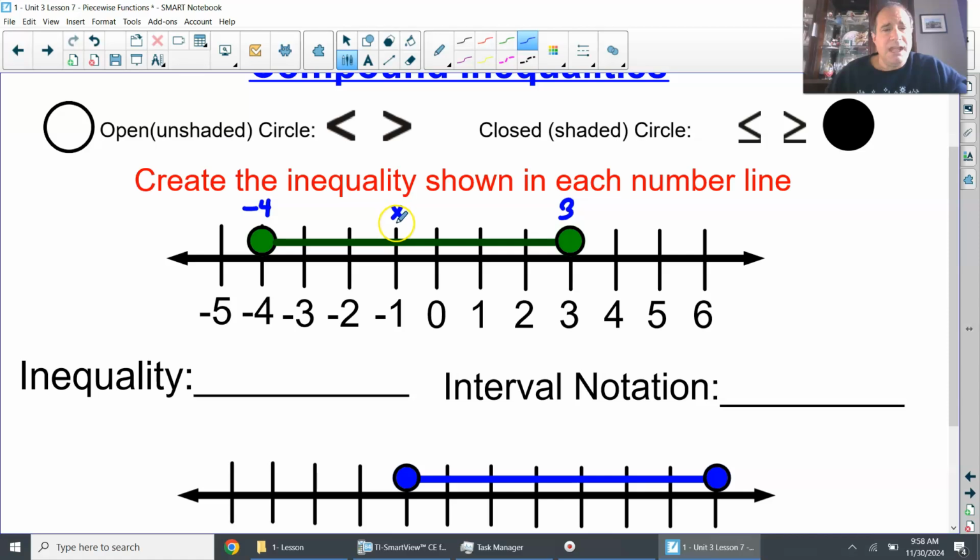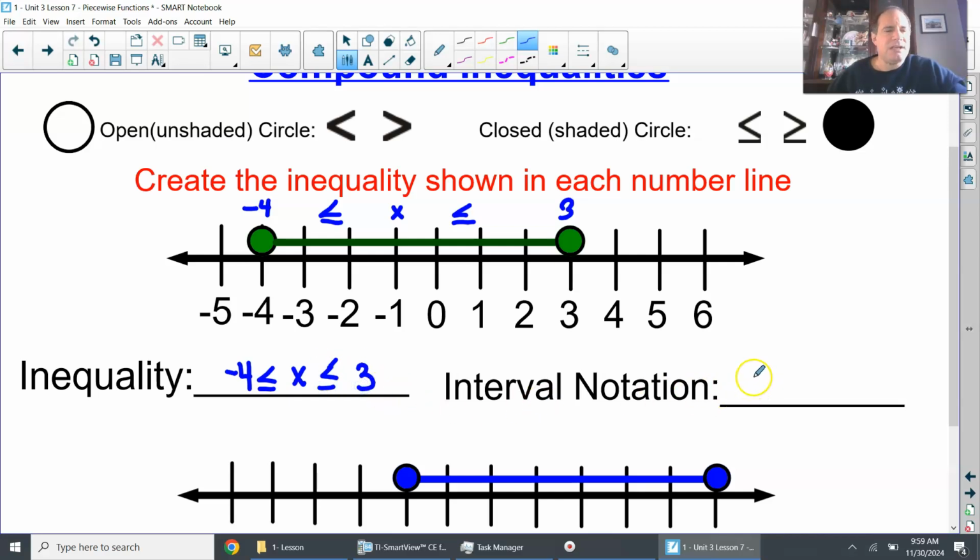And again, all of these numbers are greater than or equal to -4, because it's a closed circle, and all of these numbers here are less than or equal to 3. So for the inequality, we put the x in the middle: x is greater than or equal to -4 and less than or equal to 3.